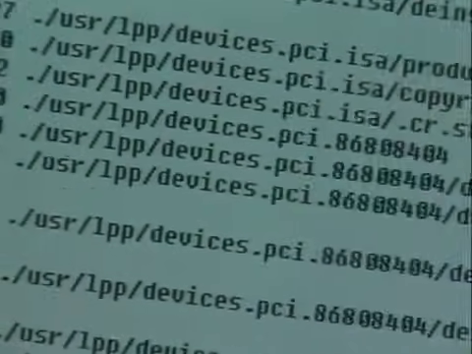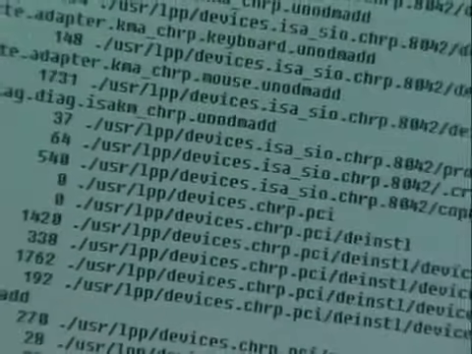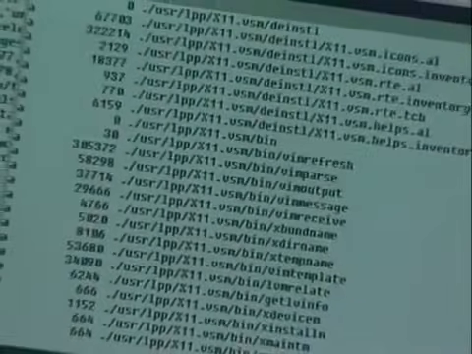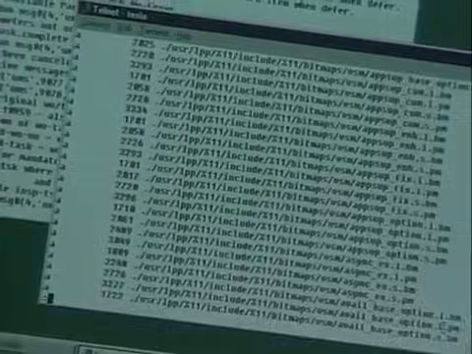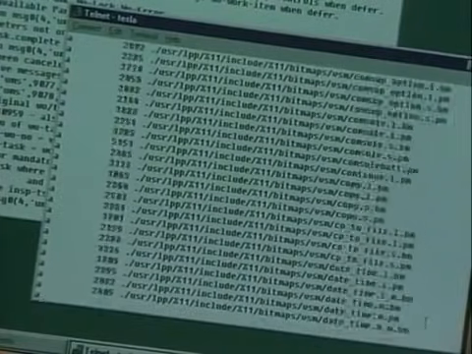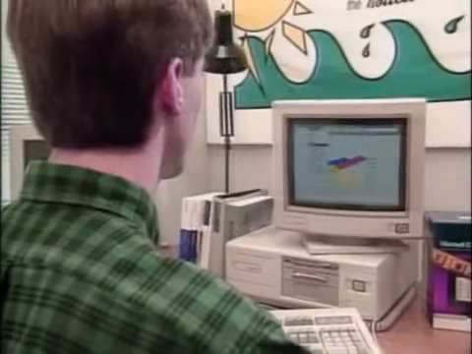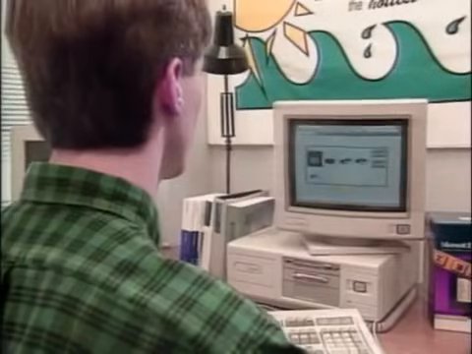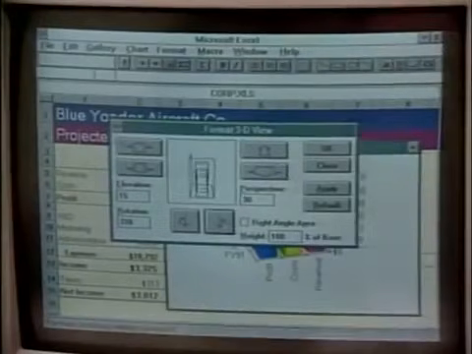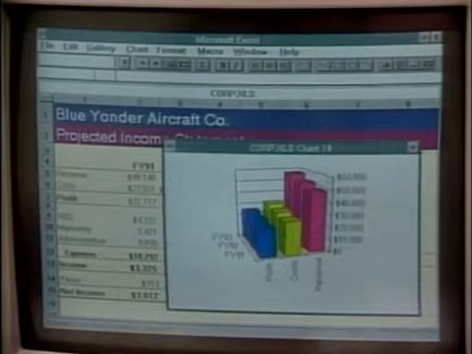In 1985, IBM answered Apple with an operating system for their PCs, one that would compete with the Mac. They hired Microsoft to create Windows. Windows made all PCs easier to use and more in demand, because there were more programs being written for IBM-compatible PCs than for Macs.